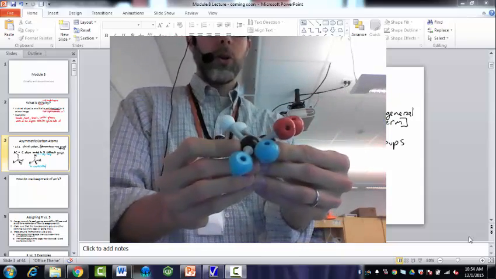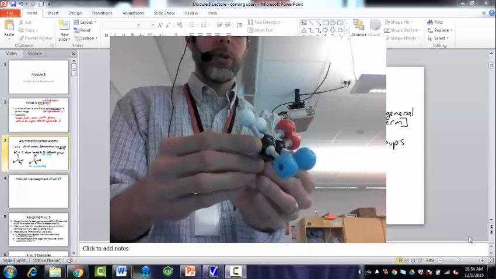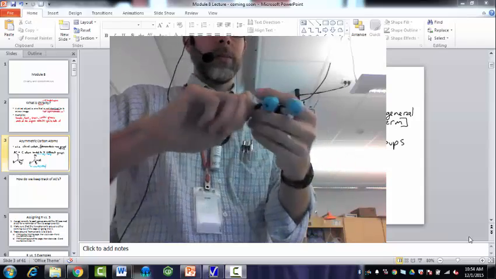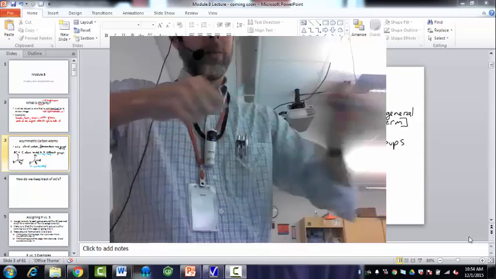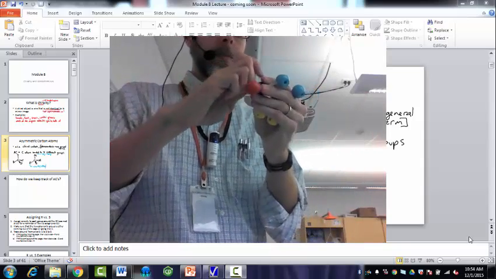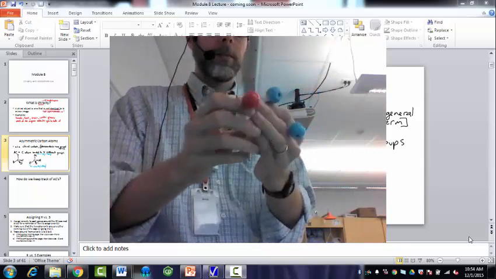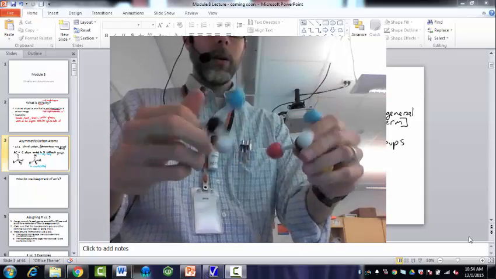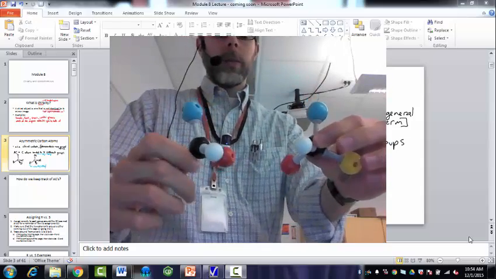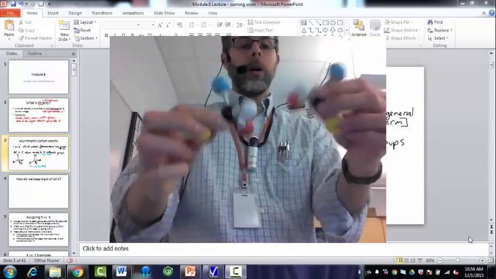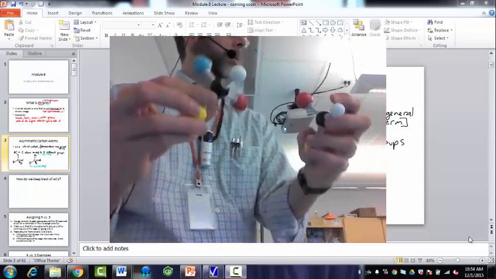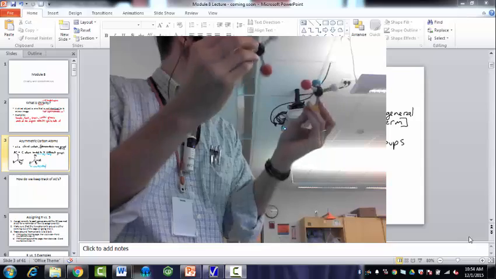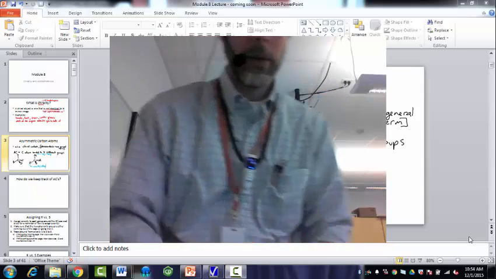If yours could line up before and you switch two groups, now they won't line up. So I'm going to go back to my two mirror images. So that's essentially our model of a chiral molecule. It has a mirror image that is not identical to it.